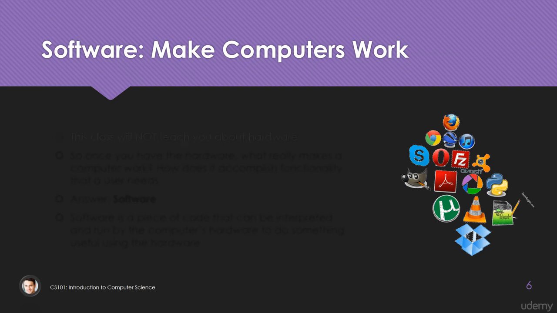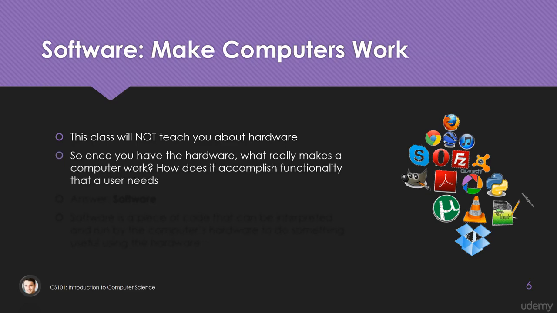What makes computers actually work? It's software. This class is actually not going to go into any detail about hardware, which is the physical things that you can touch and feel on your device. This is about software, which is basically what makes a computer and hardware work. It allows you to accomplish the functionality that you need on your computing device.